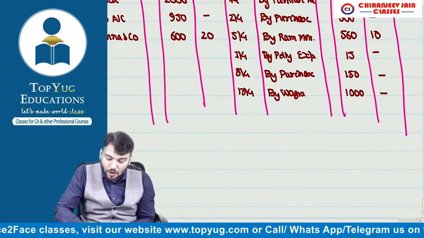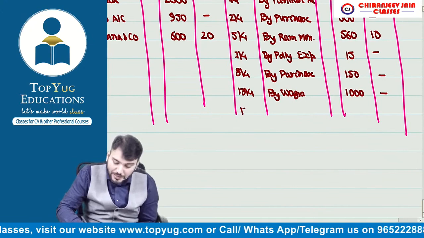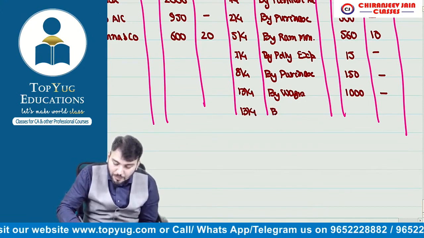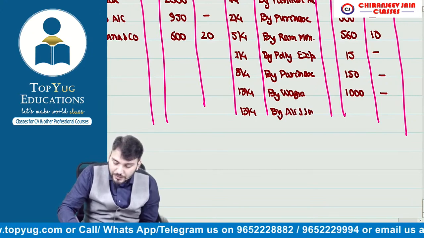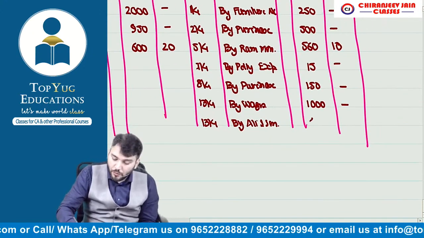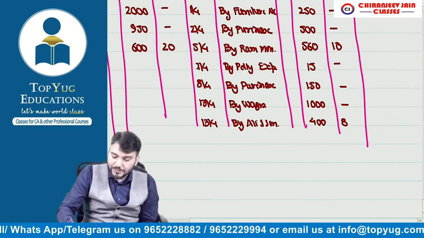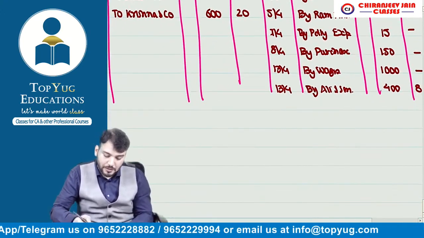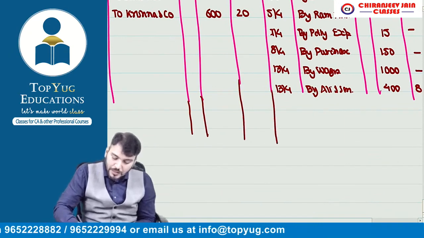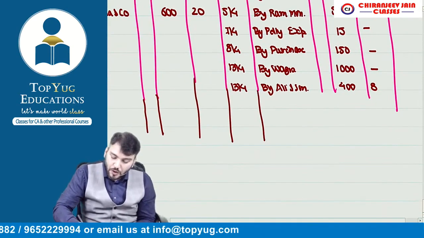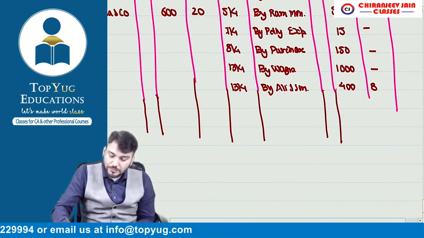So on the same day, 13th April, by Ali and Sons, how much? 408. Correct? Done.